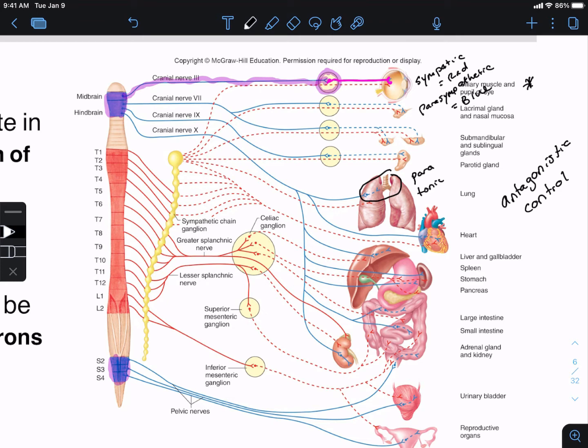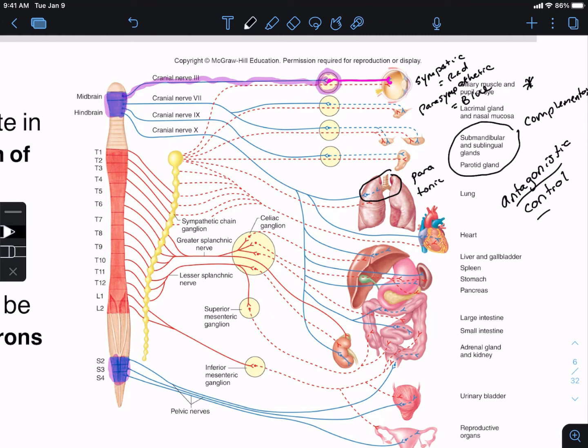There are other glands that are not exactly opposite. So for example, salivary glands, they're not really antagonistic per se, they're more complementary. I ran out of room, but pretend that says complementary.